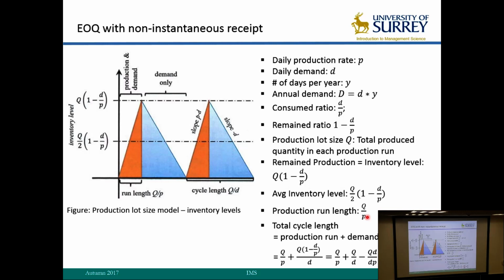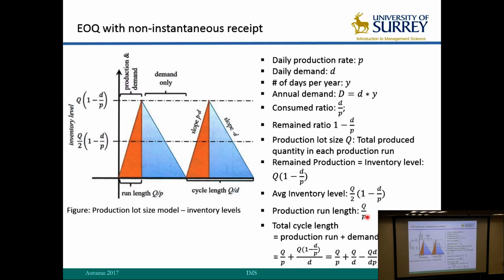That's basically from 2 things, and one is the production run. We know the production run is Q divided by P, apparently. And so what about this part? In this part, we don't run any production.